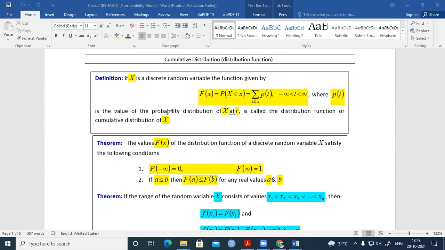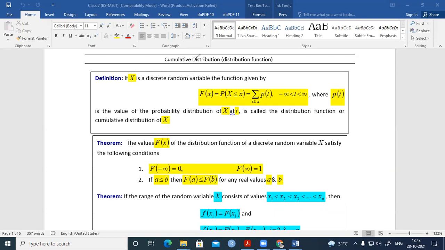Therefore, I'm going to discuss first the cumulative distribution or distribution function, which will be discussed for the single variable case. After that, when we come to the bivariate section, there also we'll discuss distribution function. But before that, we need to understand what we mean by distribution function for a single variable case.